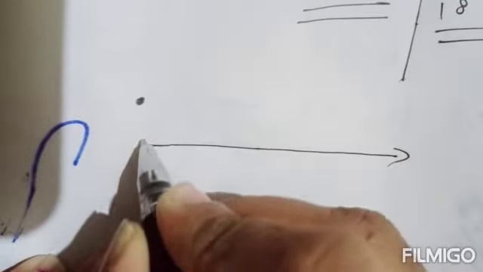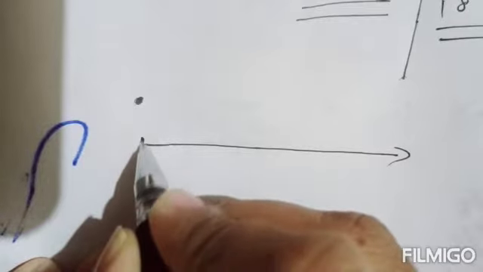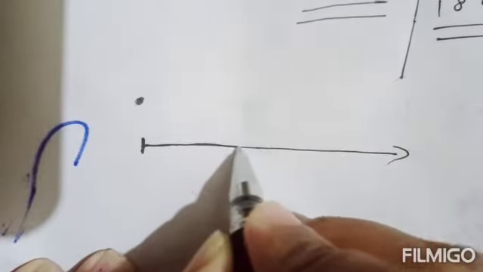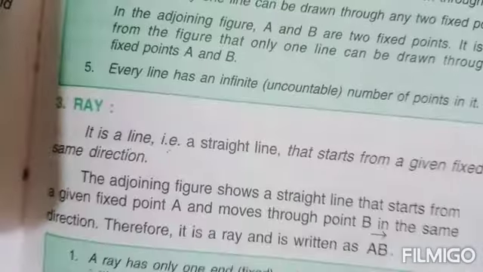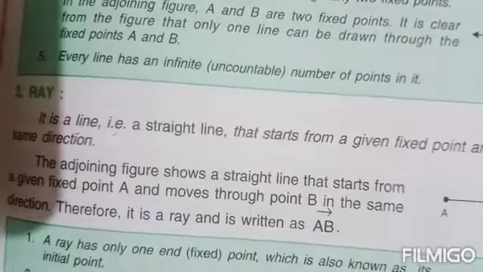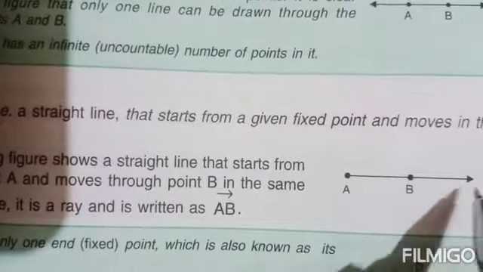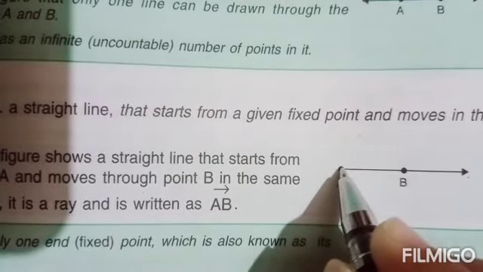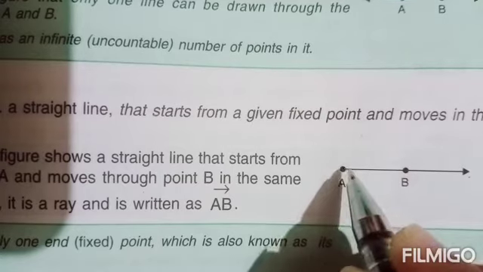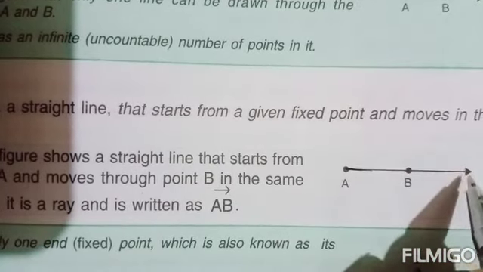It has a fixed starting point. So here you can see this is ray AB. It starts from the point A and it moves in this direction to the right side.